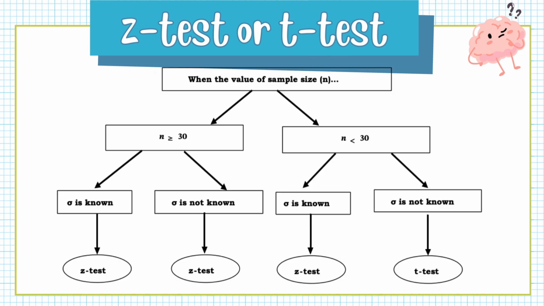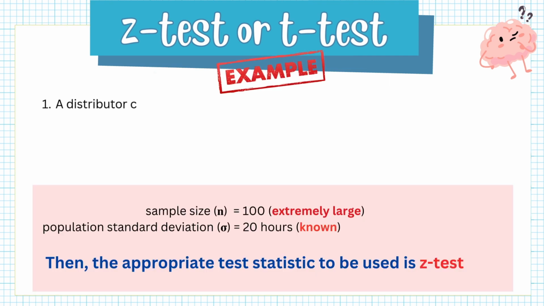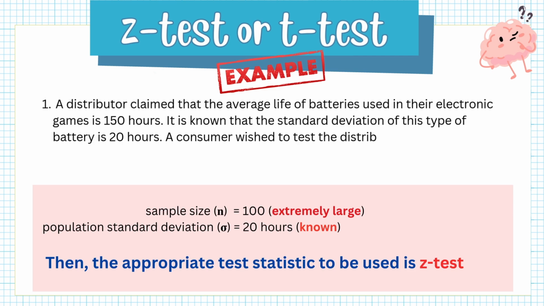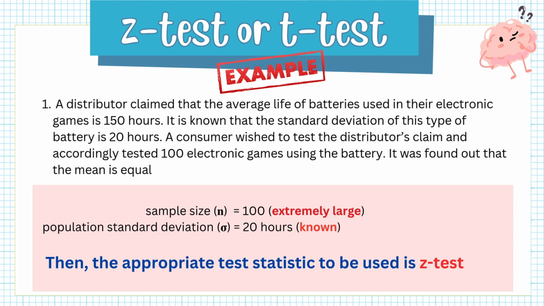So from the given diagram, our n is greater than 30 and the population standard deviation is known, then we are going to use the z-test. Therefore, the appropriate test statistic to be used is the z-test.